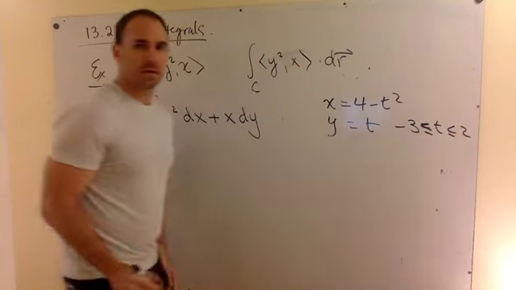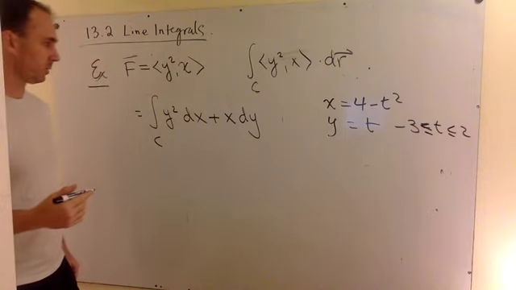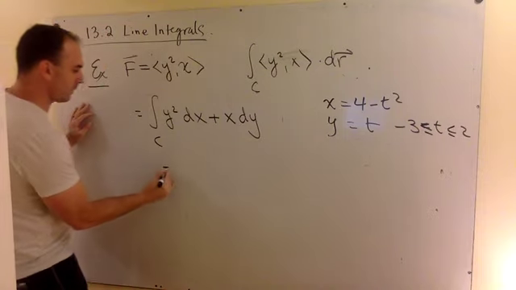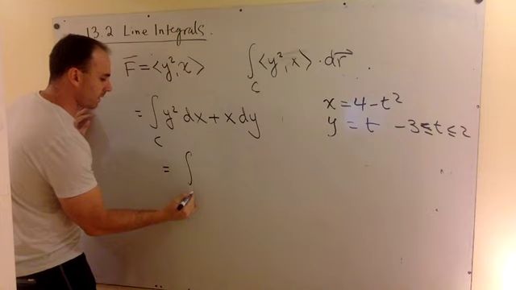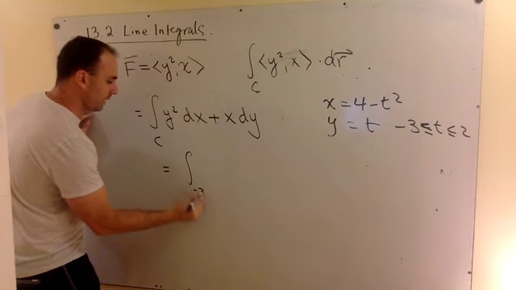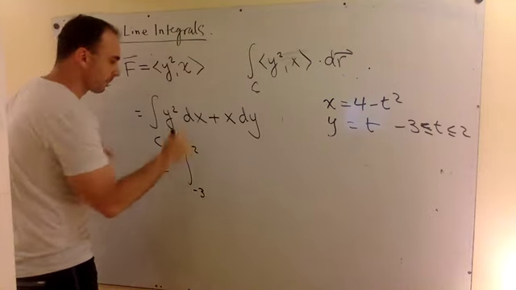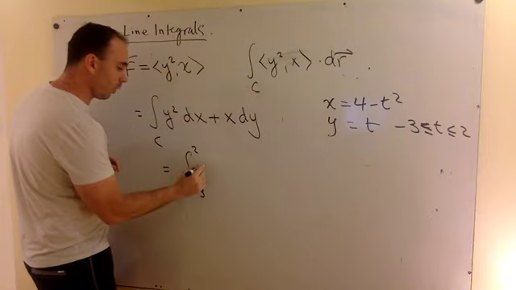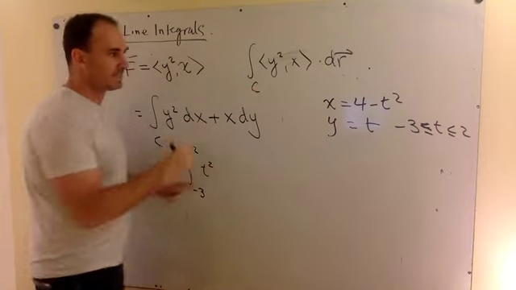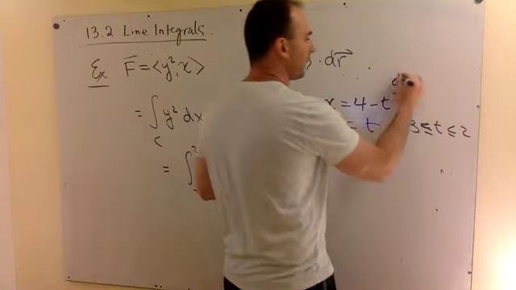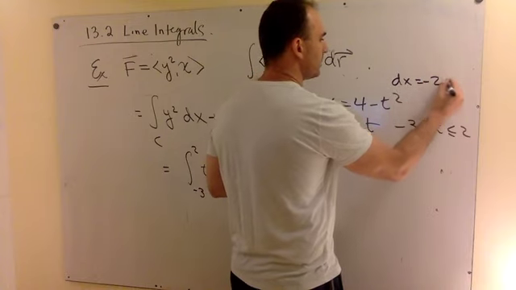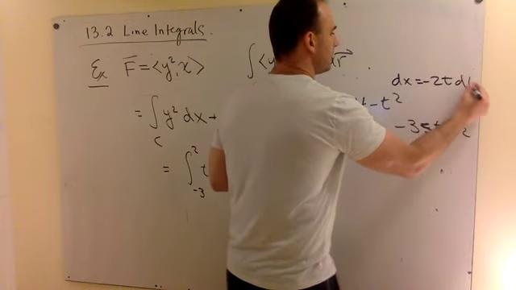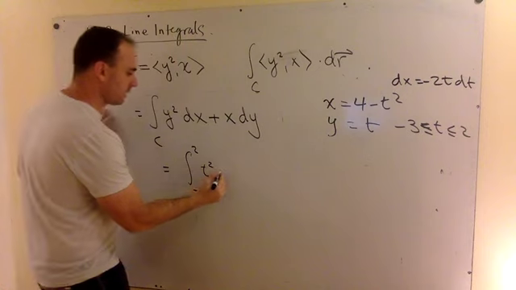So what you do is you go from -3 to 2, you plug in the y, this is t squared, and then the dx, well, you just do a little calculation. dx here is -2t dt.